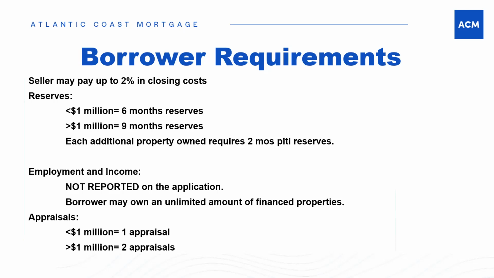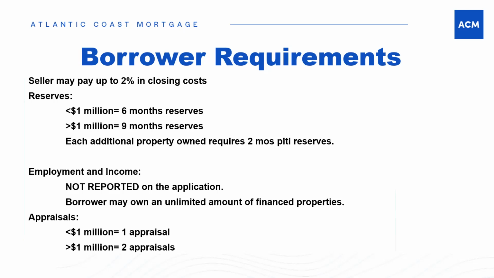In addition to that, they have to have 2 months of the PITI payment for each additional property. So let's say someone owned 4 properties and they had mortgages on all 4. You'd have to take the mortgage payments, add them up, divide that by 2, and then add that on to whether it's the 6 months or the 9 months. So they do have to have all of that cash on hand or assets that can be liquidated.